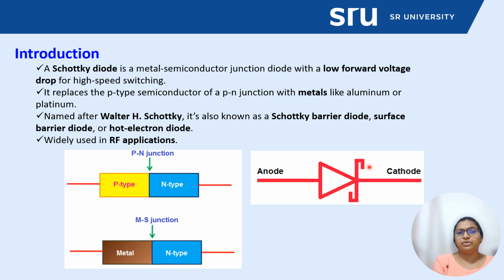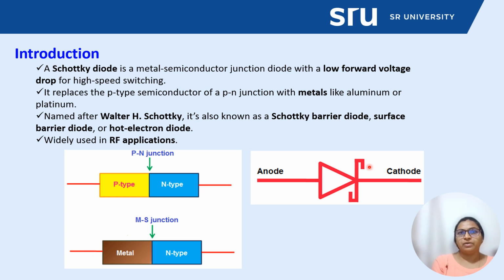Because of this current flow, a very small voltage loss occurs across the terminals of the Schottky diode, and this loss of voltage is known as the voltage drop. A silicon diode has a voltage drop of around 0.6 to 0.7 volt, while the Schottky diode has a voltage drop of 0.2 to 0.3 volt.